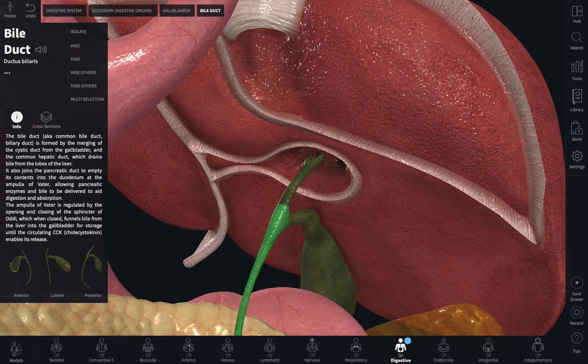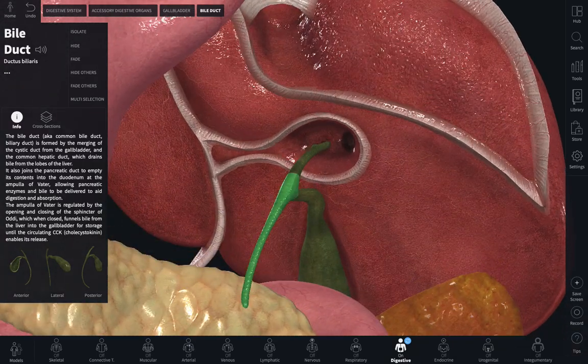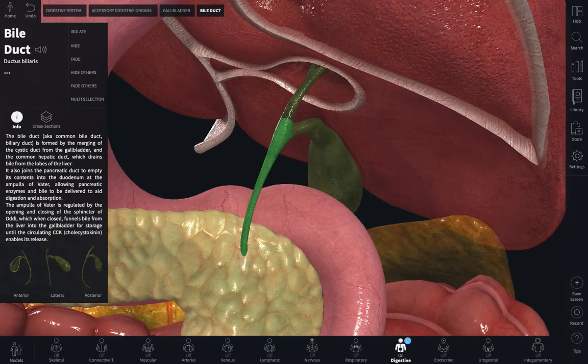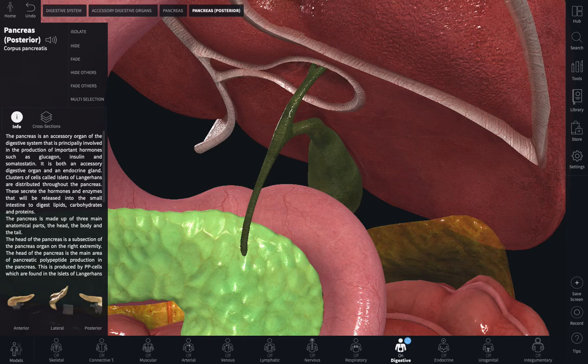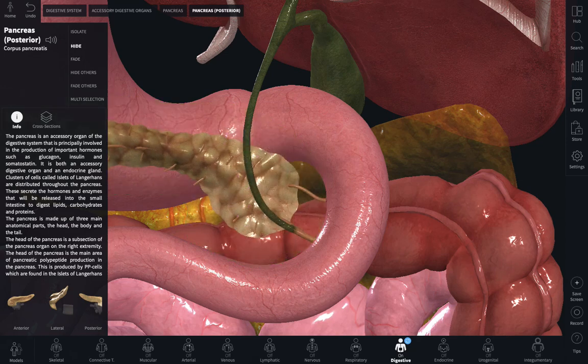Now we just move down a little bit. We have to remove this pancreas from our view, so we will first fade it. You can see the bile duct continuing, so we will completely hide it now from our view.